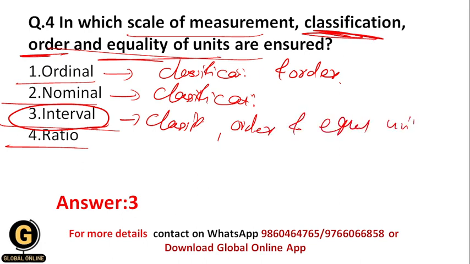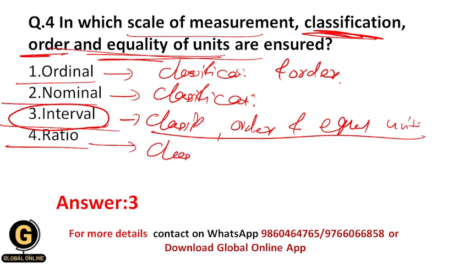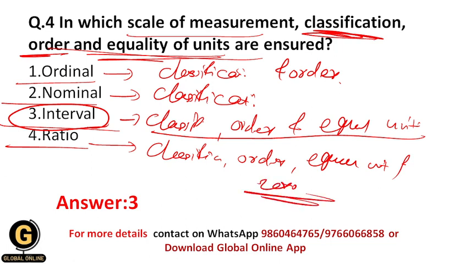So classification, order and equality of units are all ensured in interval scale, and the ratio scale ensures classification, order, equal unit and absolute 0, and that's why your correct answer should be 3.